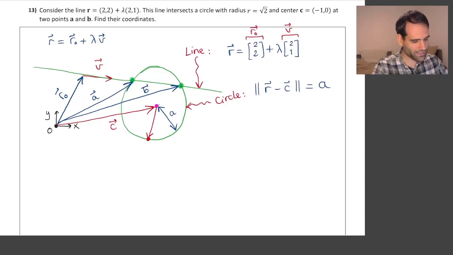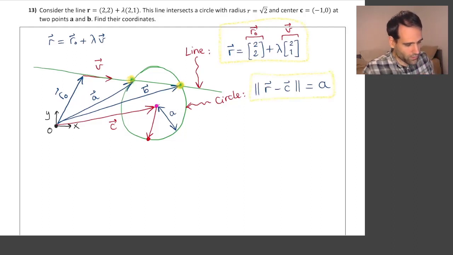So what we are next going to do is to solve these two equations, 1 and 2, simultaneously. So we want to find these 2 points, A and B, and we know that these 2 points will fulfill this equation, and at the same time, they will fulfill this other equation. So let's substitute r from the first equation into the second equation.